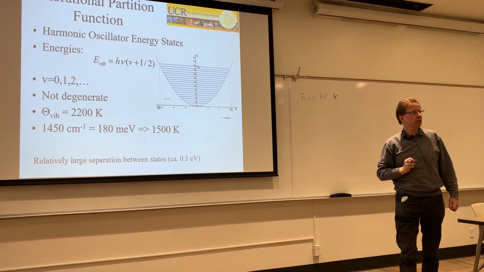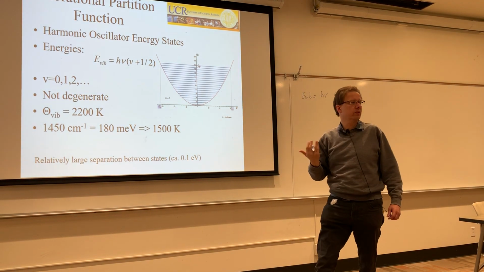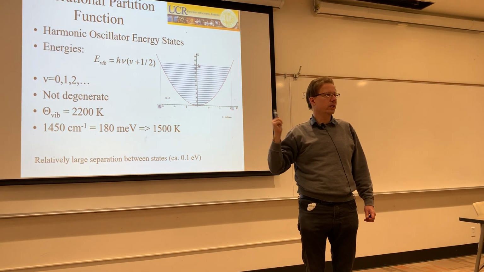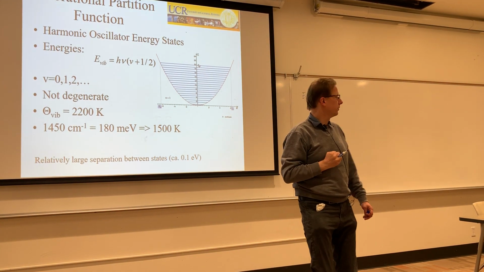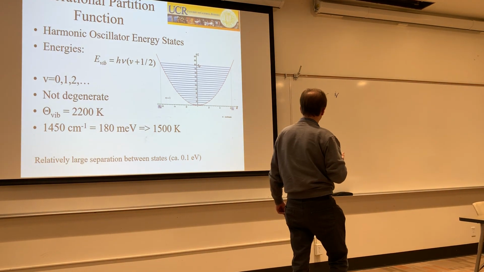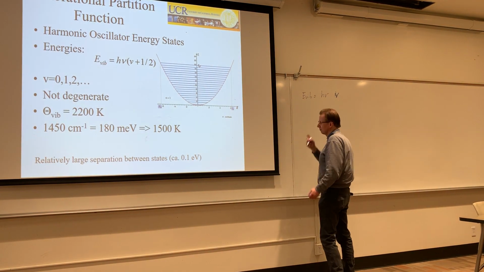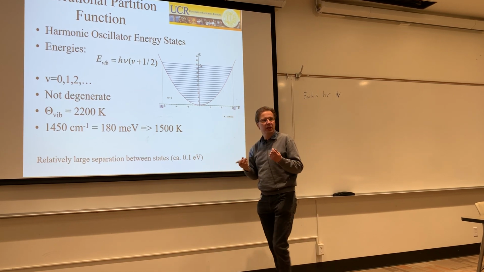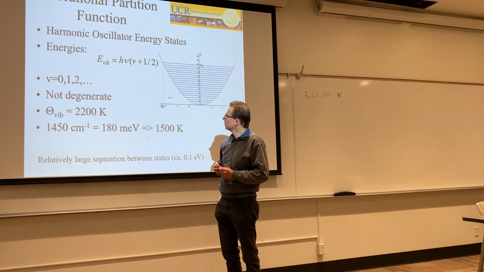Everybody clear why we forget the 1/2? We can call it ground that always stays zero unless we are looking at reactions. Okay. And degeneracy was always one. It's not degenerate. Each state is unique.